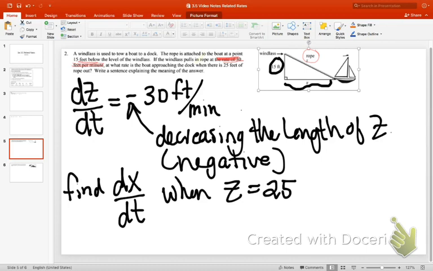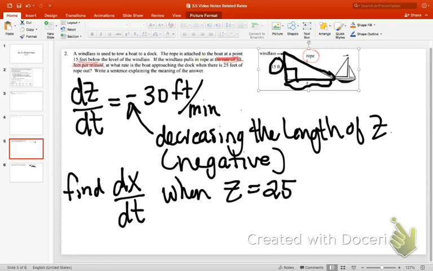So we need to come up with some equation that connects the unknowns in this problem. So notice I have an x and a z, and this would be kind of like our y, okay? The thing that I want you guys to see is that this is a right triangle. So what formula do we have that associates the sides of a right triangle?